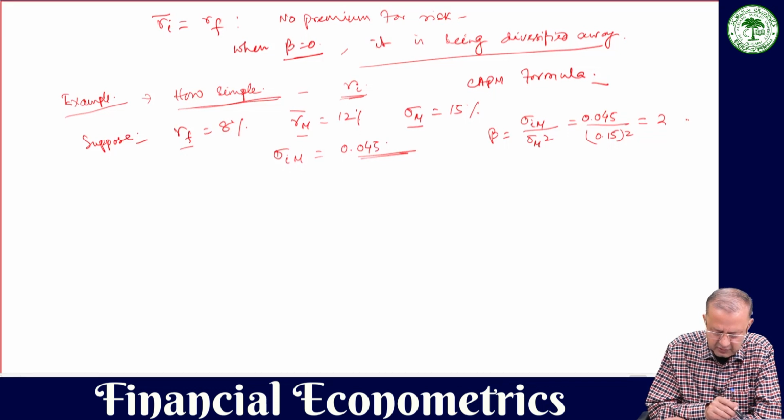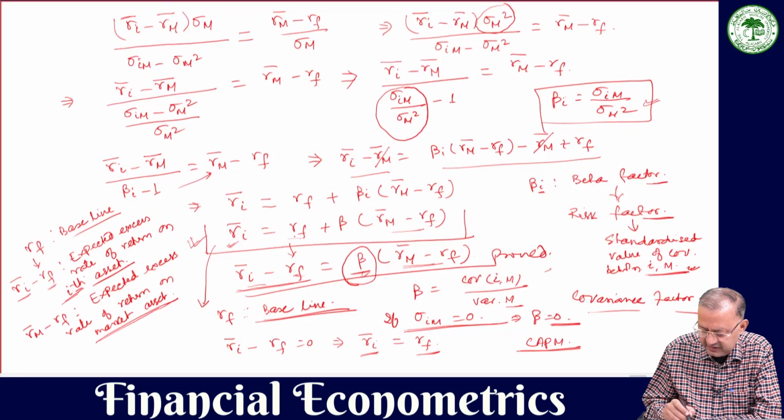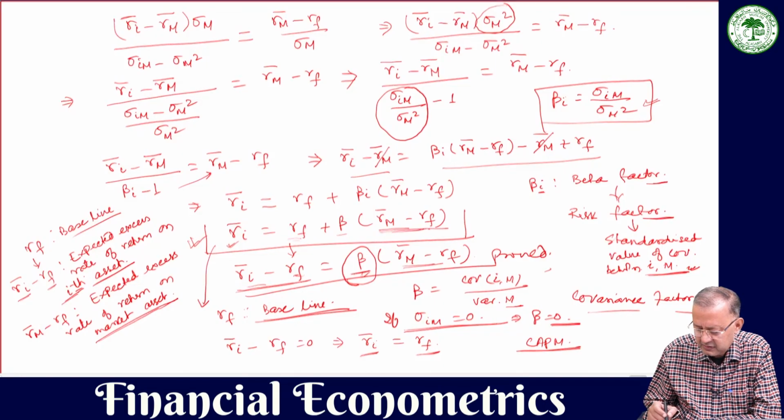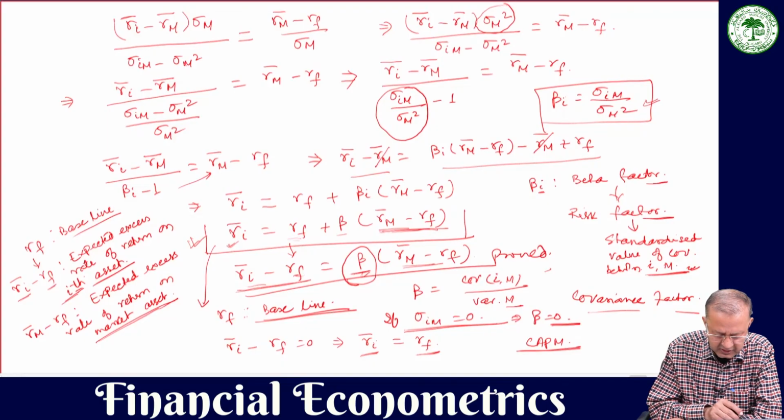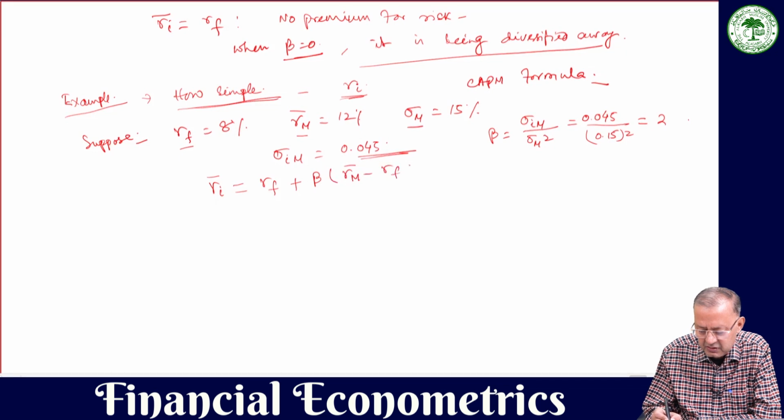Now, what is the formula we have got? Ri bar is equal to Rf plus beta into Rm bar minus Rf. Clear? We apply this formula. Return on the ith asset Ri bar is equal to the baseline plus beta into Rm bar minus Rf.